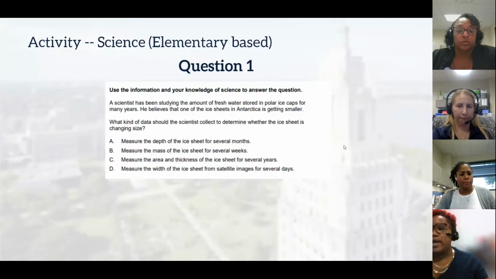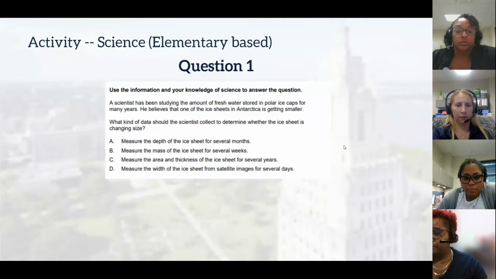Question 1, and these are elementary based. It says use the information and your knowledge of science to answer the following question. A scientist has been studying the amount of fresh water stored in a polar ice cap for many years. He believes that one of the ice sheets in Antarctica is getting smaller.